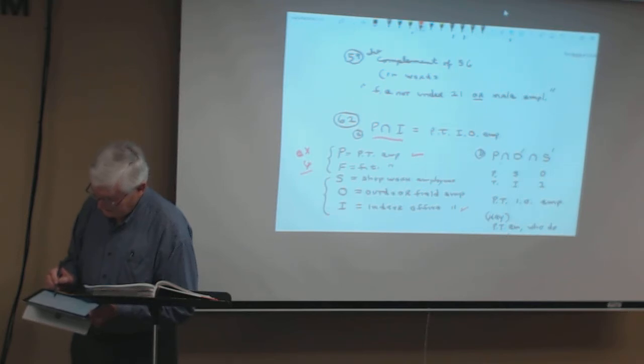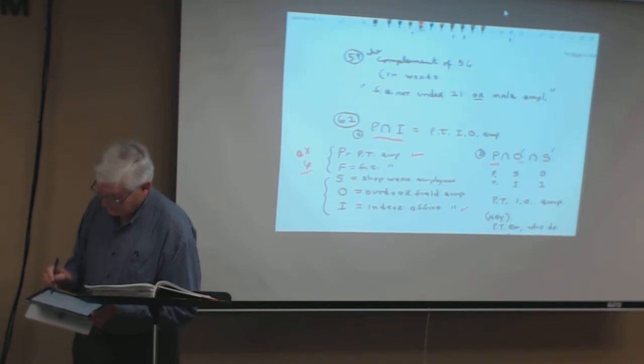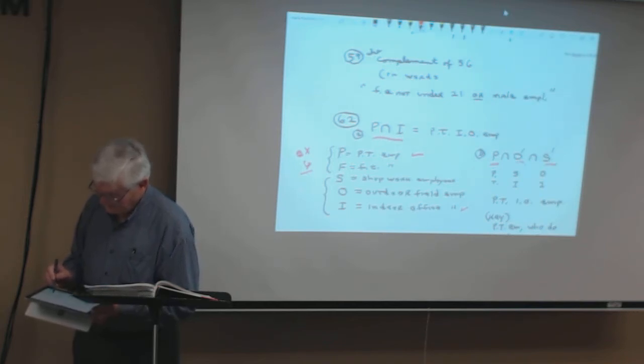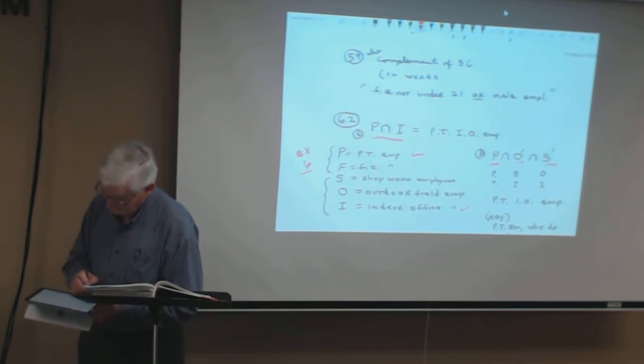So what's B? The part-time employees intersect with the complement of the office workers and the complement of the shop workers. The complement of office workers would be shop workers and indoor office.